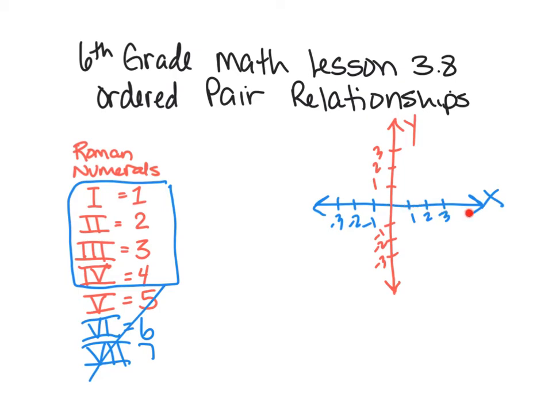Positive on the x, turn and go positive on the y, this whole section, because there's 4 pieces, right, to the coordinate plane. Quad is 4, so quadrants are referring to the 4 pieces. The positive side is quadrant 1.